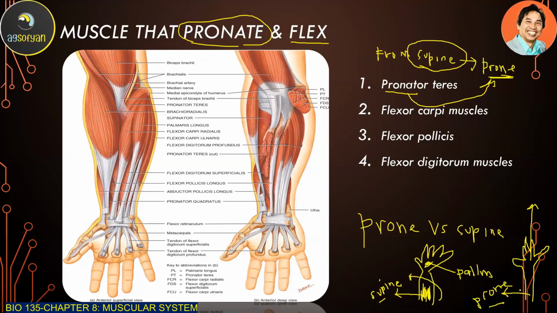You're twisting your arm from looking at your palm, then you twist it, now you see the back of your palm. That movement is called pronation. And the muscle is called pronator. So this muscle is located here, this is the palm area. This is the pronator muscle.